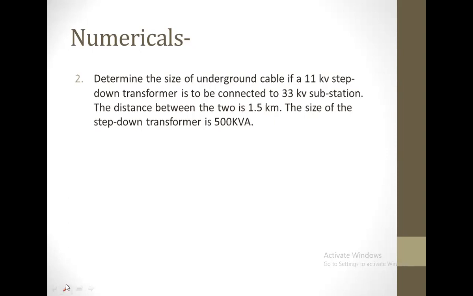Okay, so we have to write first the given quantities. What are the given quantities first? In that question, just listen. A step down transformer is connected whose power is 500 kVA, and that transformer is stepping down the voltage level from 33 kV to 11 kV, but you have to consider the actual voltage level is 33 kV, not 11 kV.